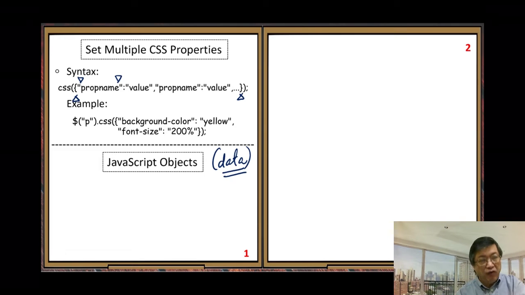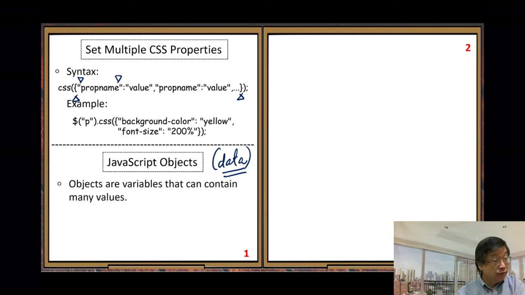So let's look at the format of JavaScript objects. Objects are variables that can contain many values, but we need to organize those values in a nice way, simple, easy to use, arranged in a well-organized way. So that's what we want to do here. All right, let's look at this example.